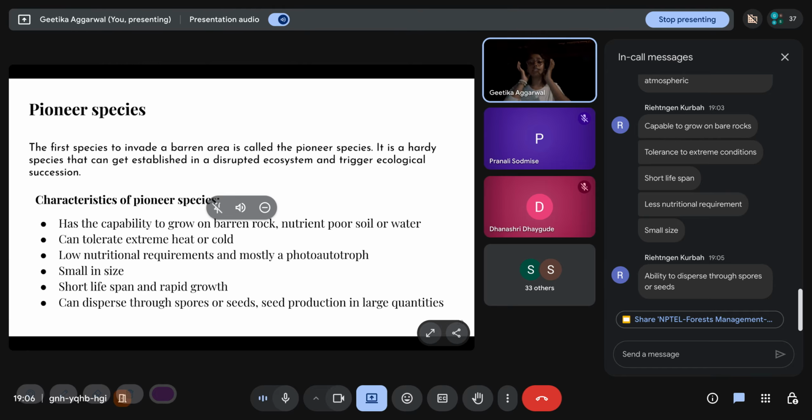And they can disperse easily through spores and seeds, which means that the different species that form pioneer communities should be able to grow via spores or seeds, and these seeds should be produced in large quantities so that they can spread far and wide and actually reach the barren area.